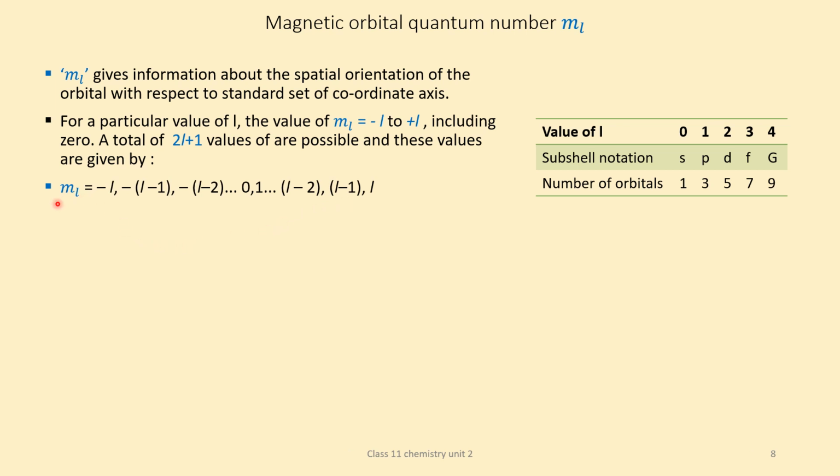say for example, mL is equal to minus L, minus of L minus 1, minus of L minus 2, etc., and 0.